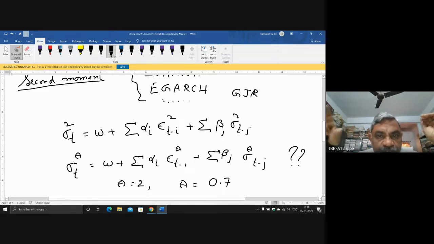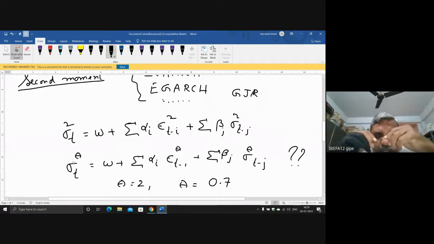So here basically the idea is that you estimate a general class of models, a parametric class of models. Depending on the value that the parameter is assigned, you have the whole lot of conditional variance equation models as particular cases.